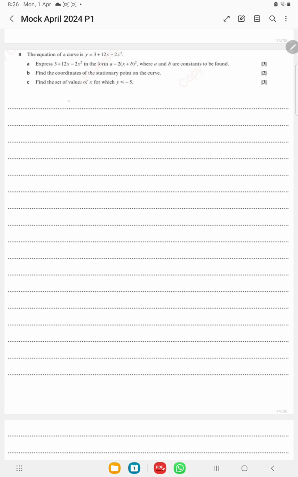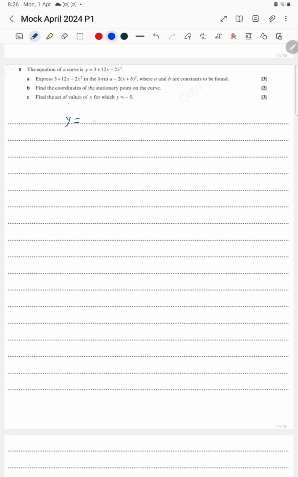The equation of the curve is y equal to 3 plus 12x minus 2x square. You have to write it in this form, which is converting to square form. So I need to arrange it: minus 2x square plus 12x, so 3 minus 2 taken common from here, x square minus 6x. Now as per the rule of completing the square, I need to make half of this 6, that is 3.